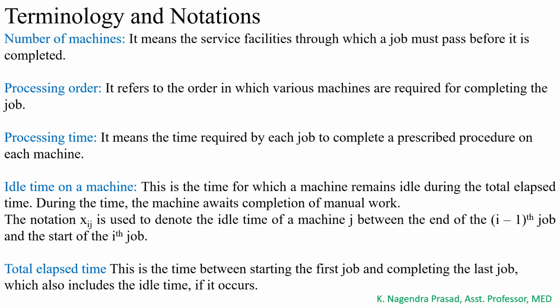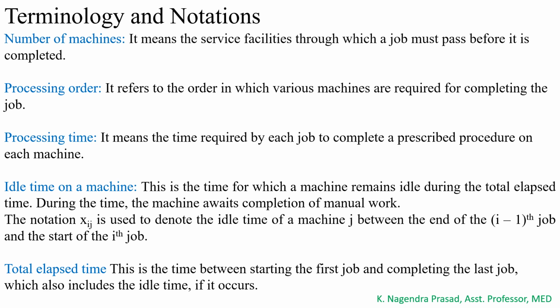It refers to the order in which various machines are required for completing the job. Next terminology is the processing time. It means the time required by each job to complete a prescribed procedure on each machine.